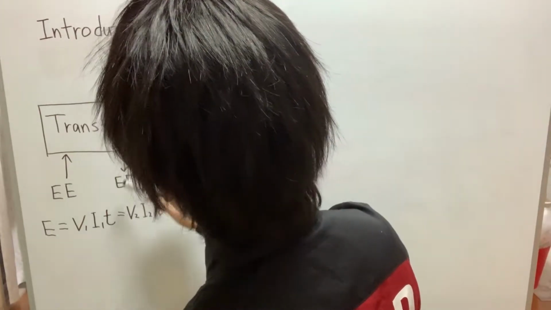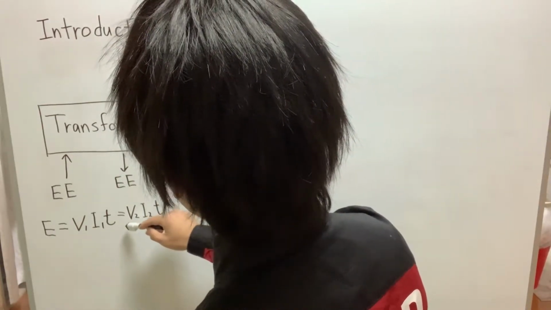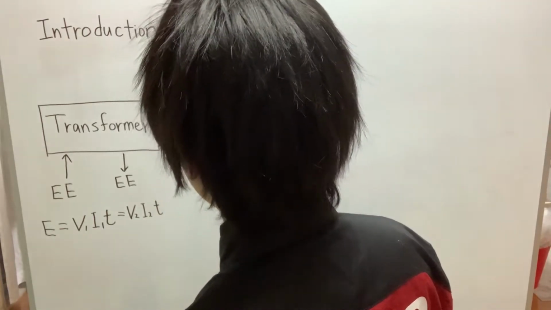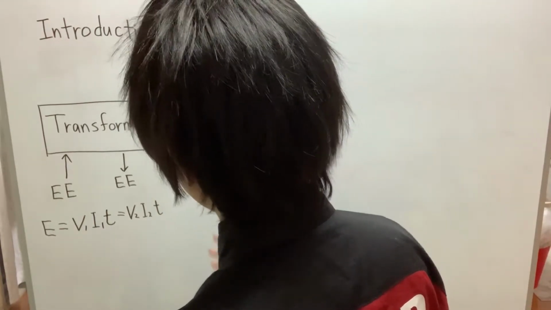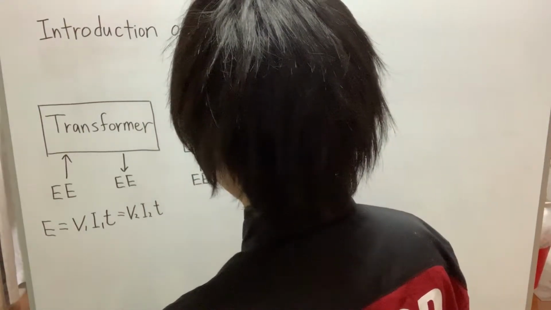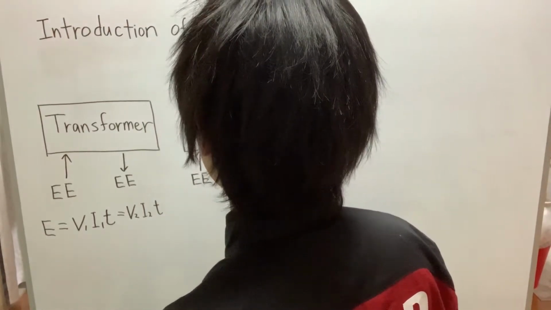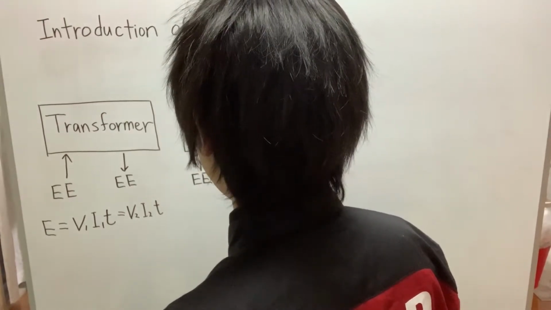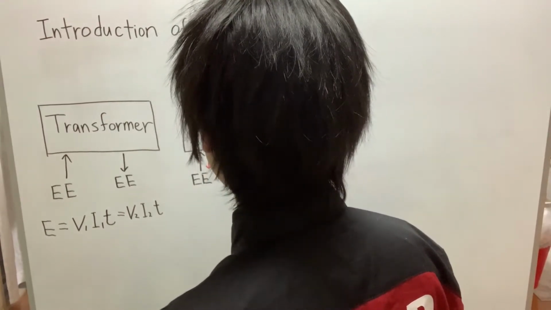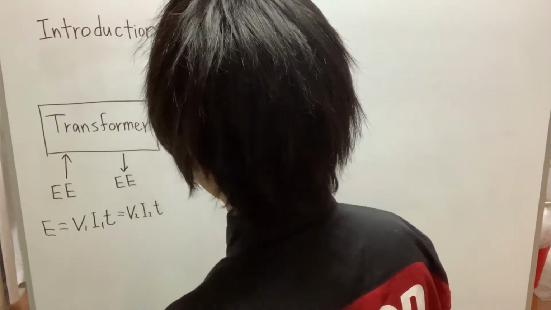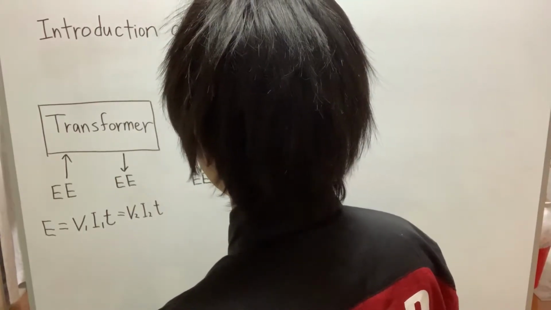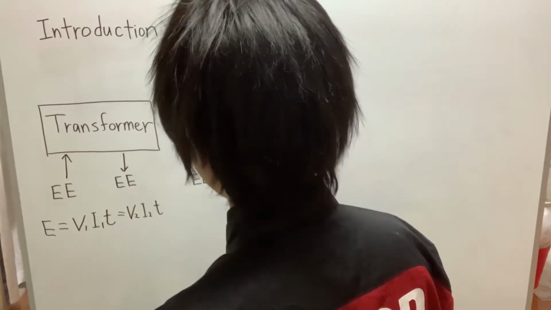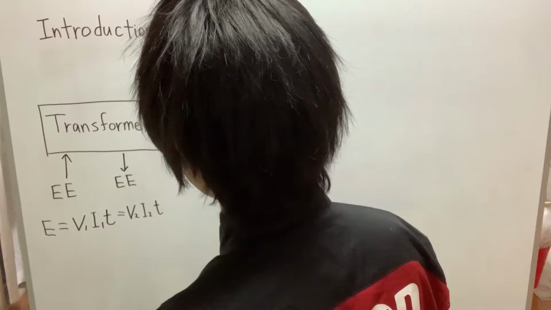If voltage increases, current decreases; voltage decreases, current increases. So this is one of the reasons for installing the transformer in the power transmission line, to reduce losses by changing the current level, because the transmission line losses are proportional to the square of the current. So like that.